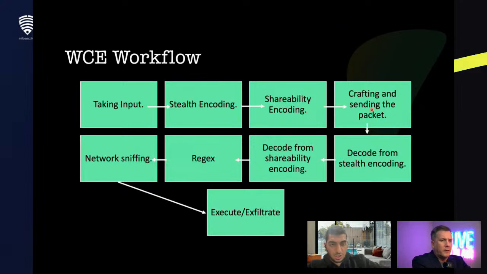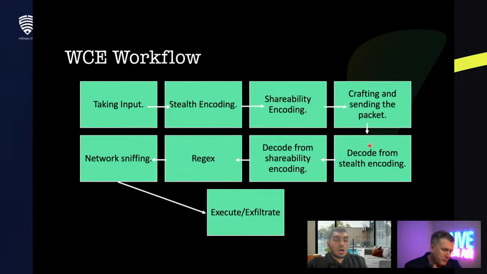If we are talking about the command and control scenario here, this will be sent from the attacker machine, which will simply be sending the command, and the recipient here will simply be the victim.